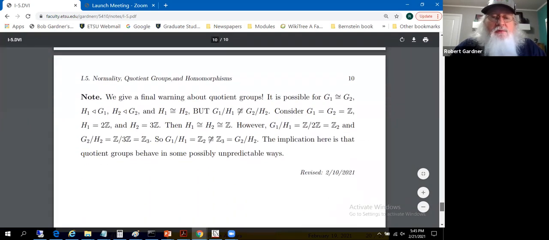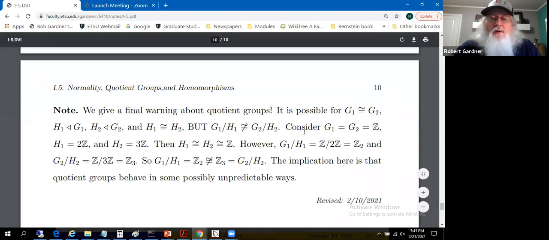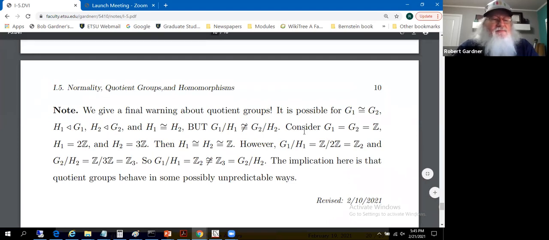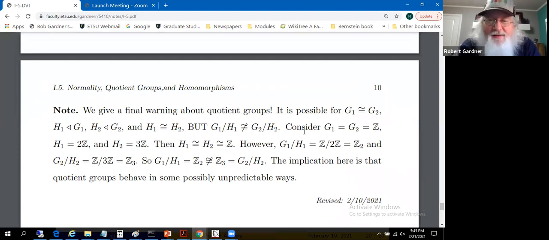One final comment just about the weird way quotient groups behave. A warning. The following just seems unlikely, but it's true and it's easy to find an example.